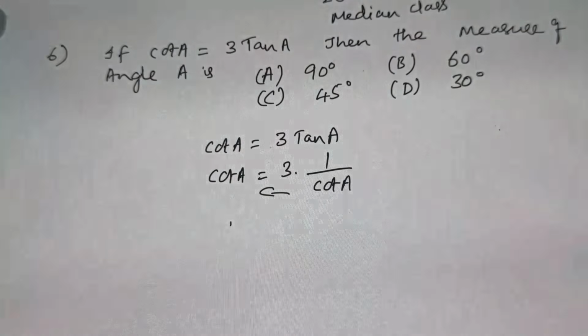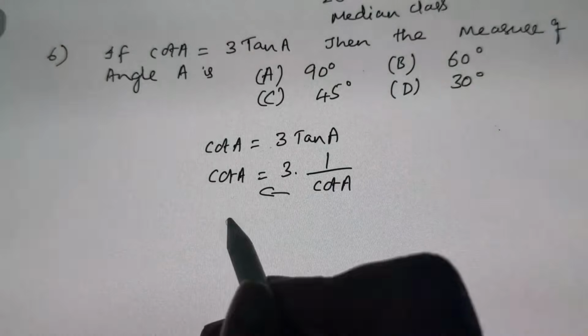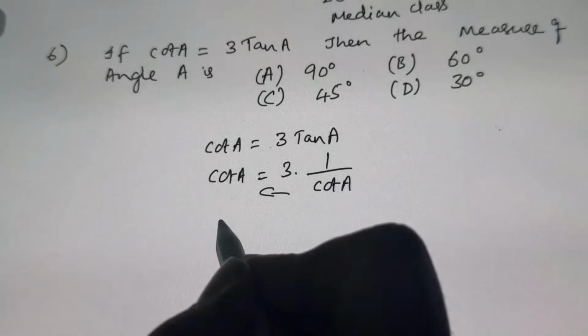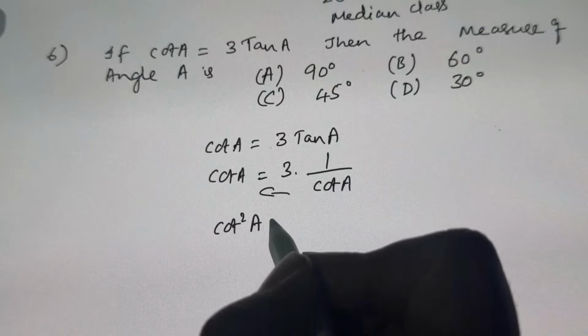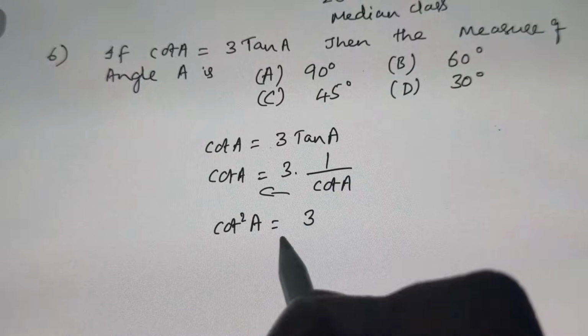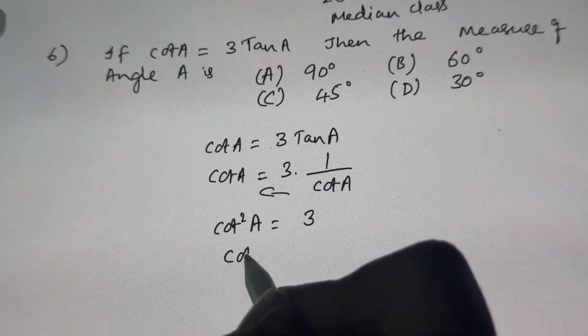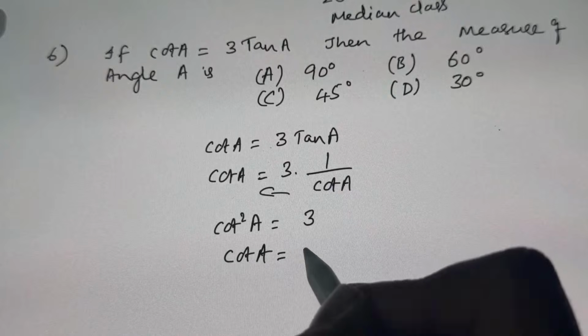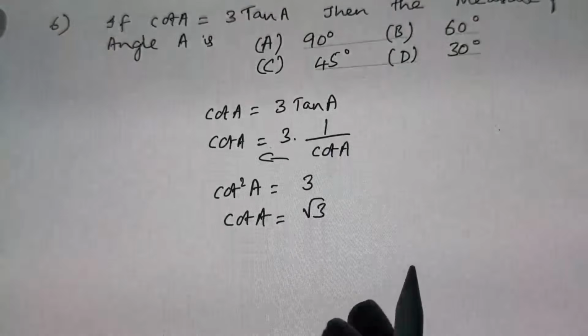Cot A into cot A is cot square A is equal to 3. Now taking the square root, we have cot A is equal to square root of 3.